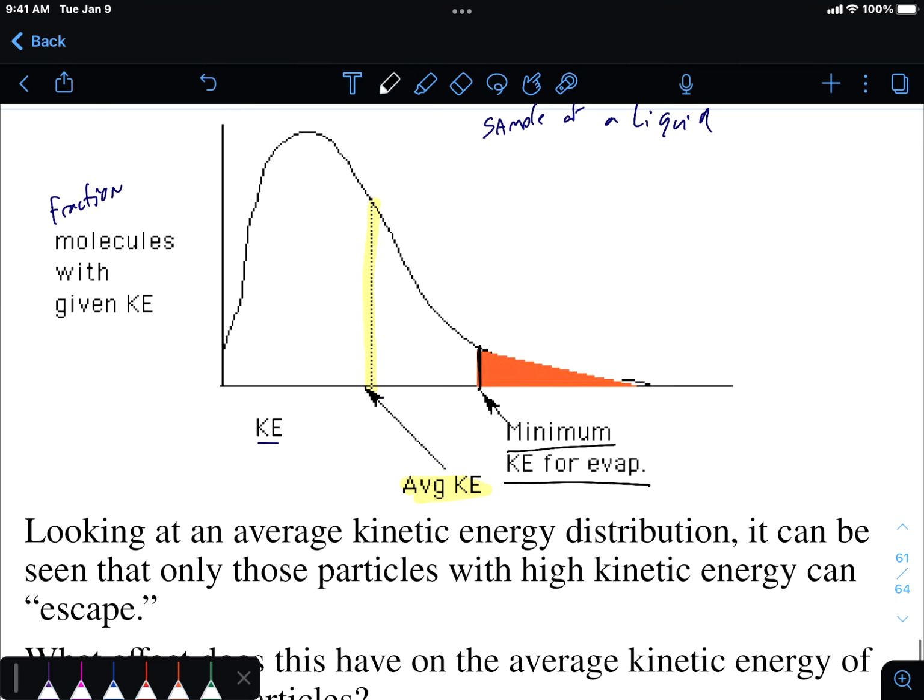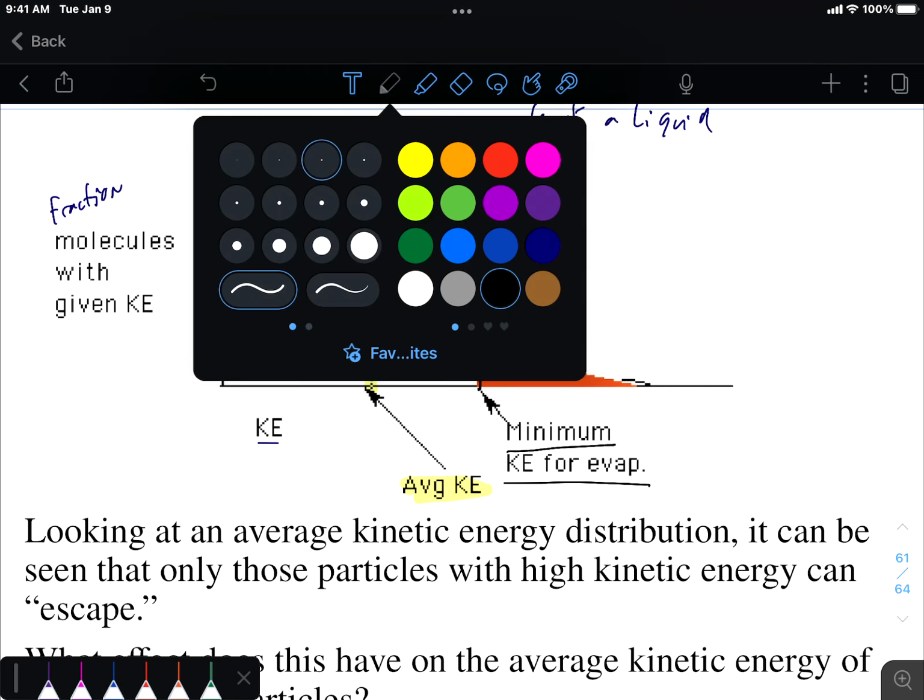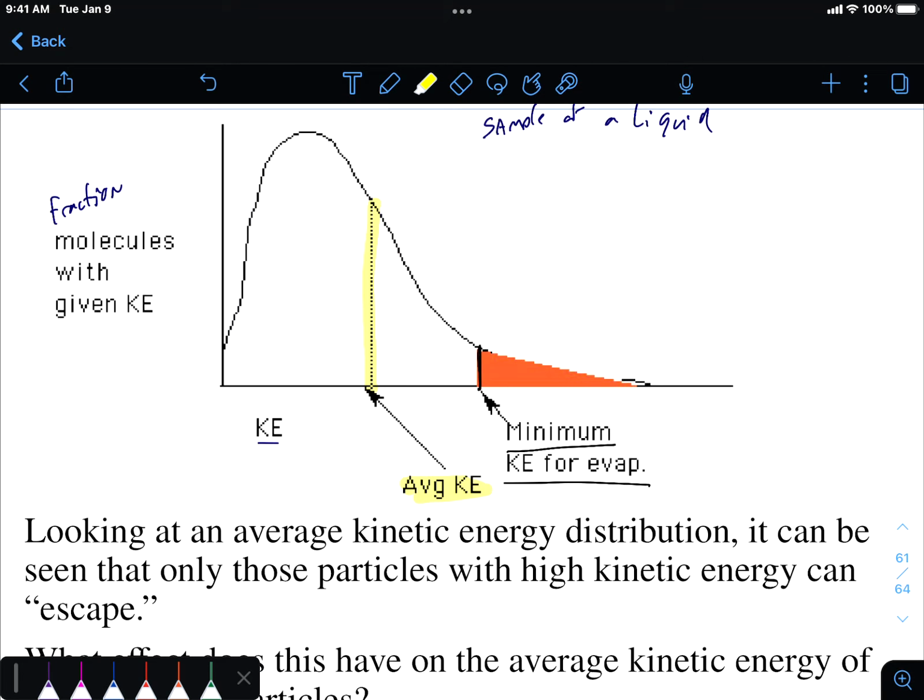Okay, so only the particles with high kinetic energy can escape or evaporate.